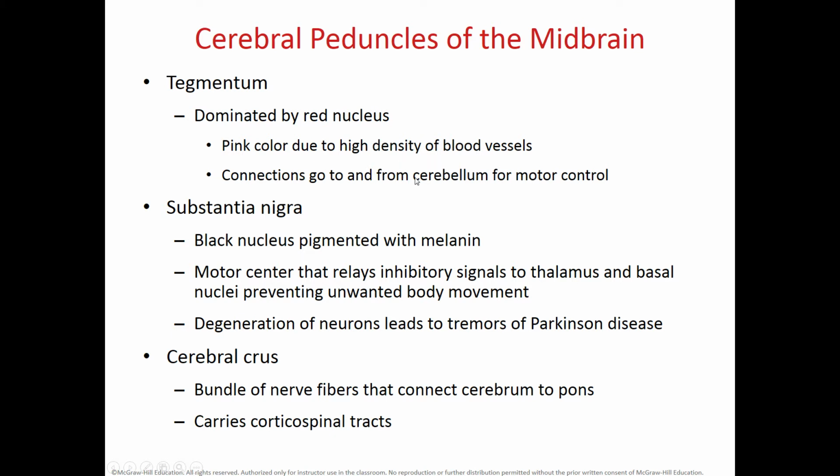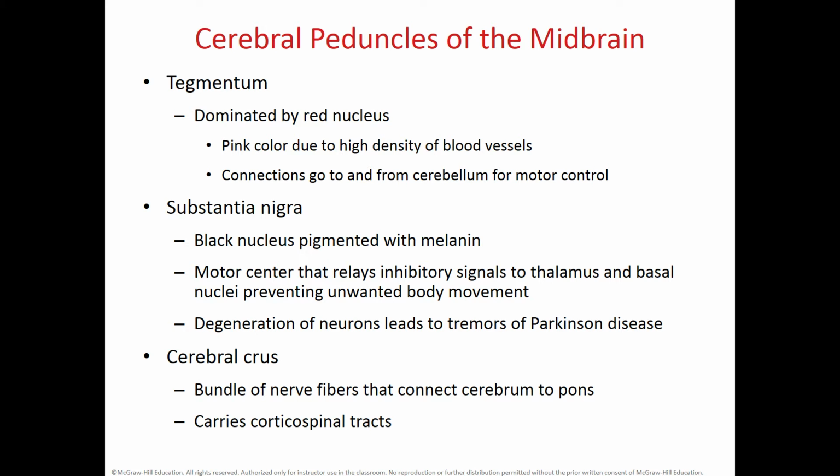And this tegmentum also has connections that run to and from the cerebellum for motor control. Substantia nigra is a nucleus that has melanin in it, and this is an area where we produce dopamine.